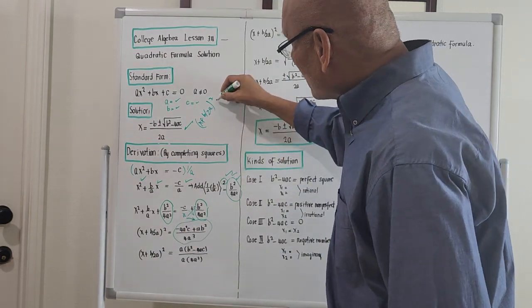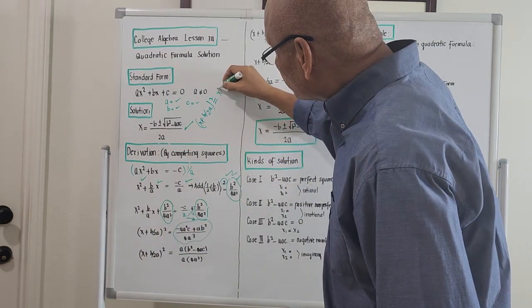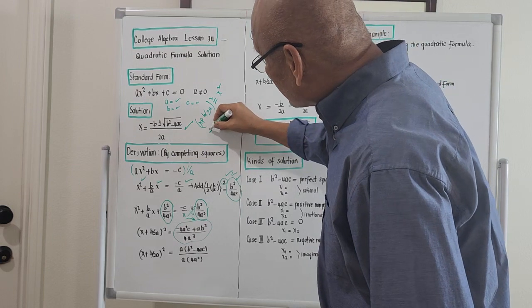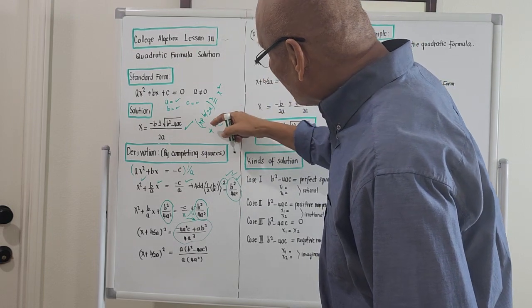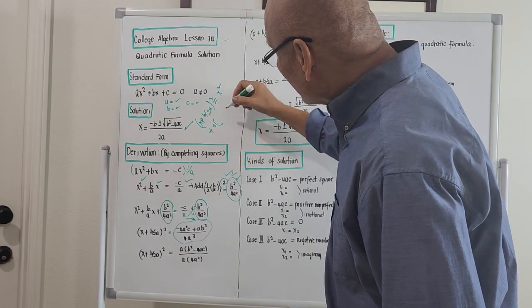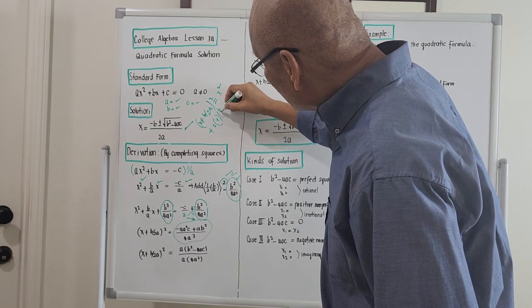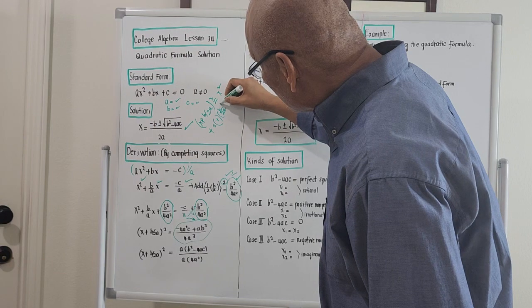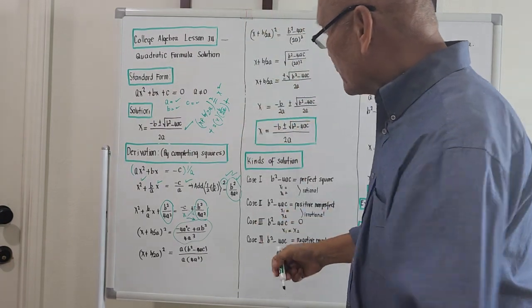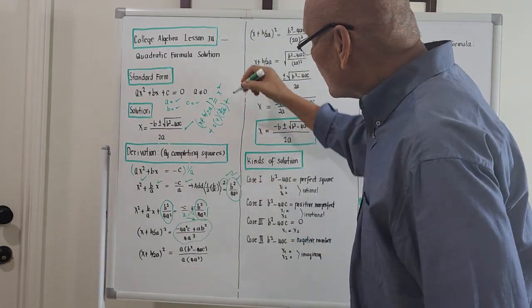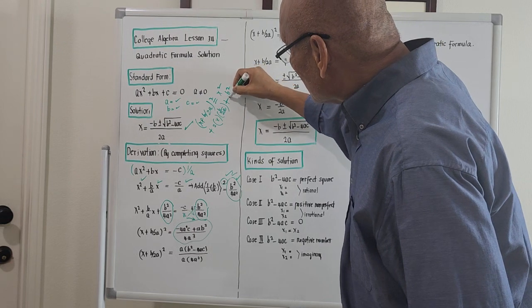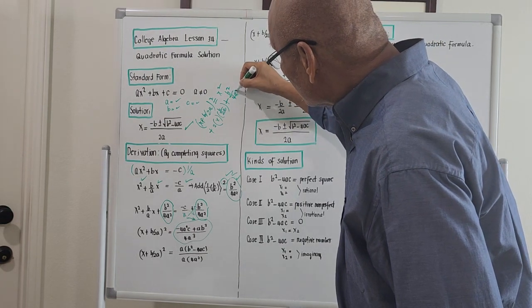The square of x will be x squared. The middle term will be twice the product of x times b over 2a. The last part will be the square of b over 2a, which will become b squared over 4a squared.